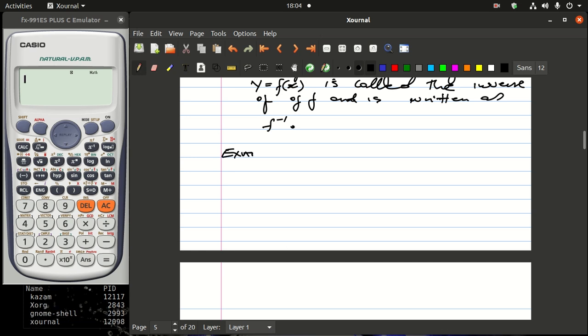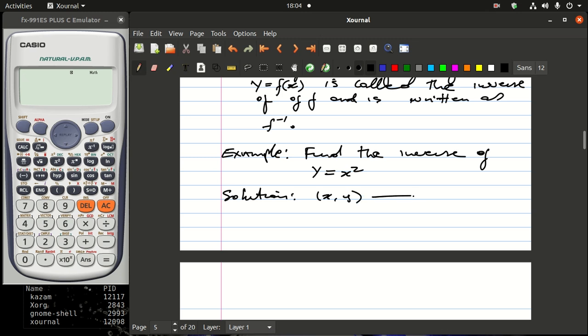As an example, someone might say find the inverse of y is equal to x squared. So the solution is, you know that whenever you have two points x and y, the inverse or the reflection about the line y is equal to x, you're going to end up with y and x.